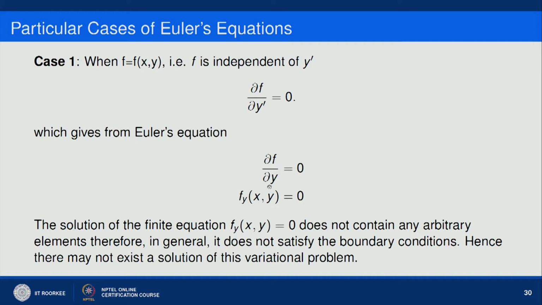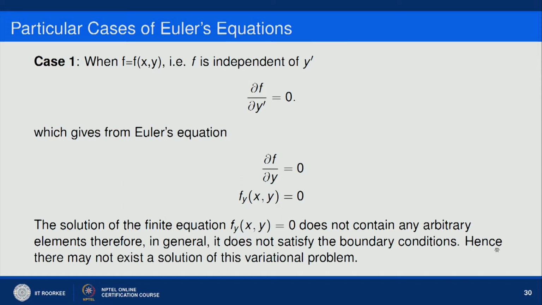Now, here f y of x, y equal to 0, the solution of this finite equation does not contain any arbitrary element. Why? Because double f by double y equal to 0 means that f is constant with respect to the variable y, and it is already given that f is independent of y dash. So f is basically independent of both y and y dash, and in general it may not satisfy the boundary condition.